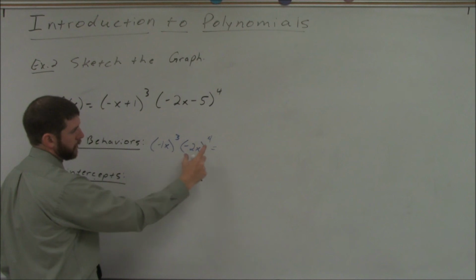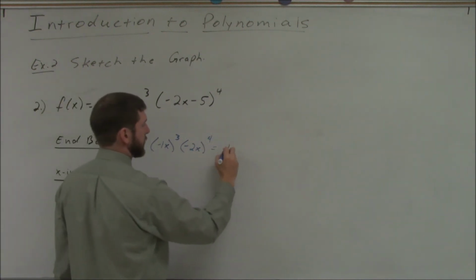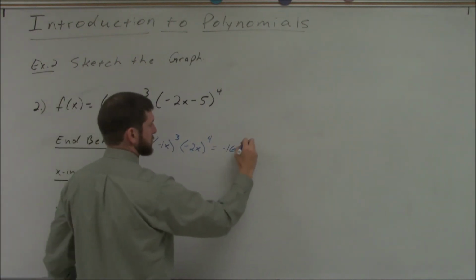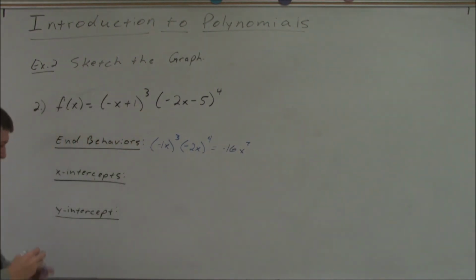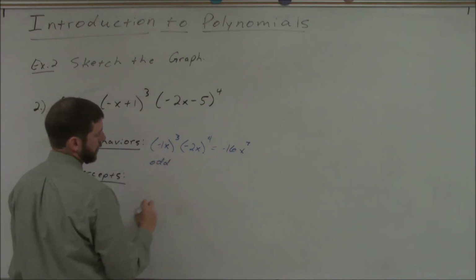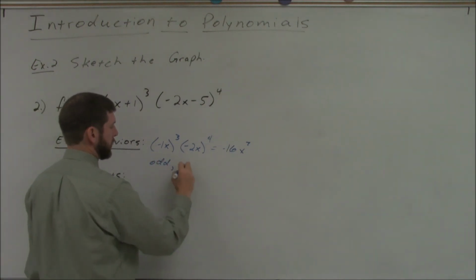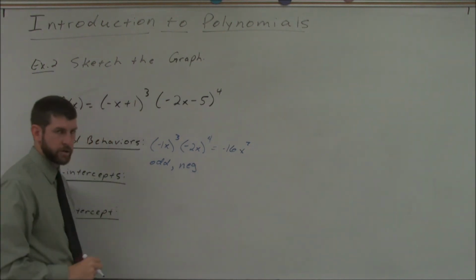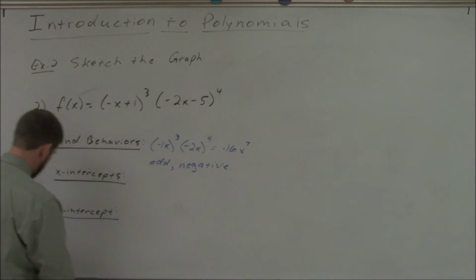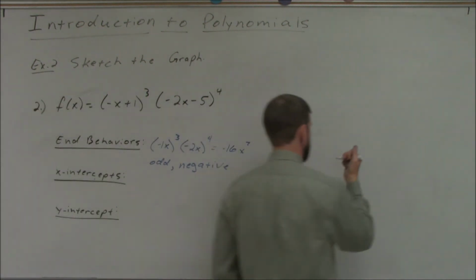So negative 1 times 16 is negative 16. X to the 3rd, x to the 4th is x to the 7th. So from that I can see that I have odd degree, negative lead coefficient. So we can build our graph, or start building our graph right now off of that.